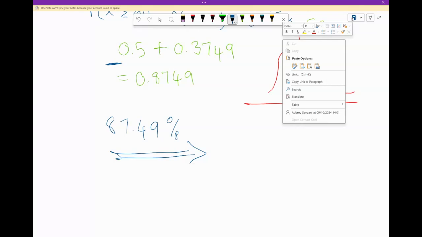So we then say there's an 87.49 probability that at least 20% want to buy a Porsche or are interested in buying a Porsche. Is it making sense? Okay. Can you see why I keep saying when you want to interpret, go back to the question? And then all you need to do is say, this is the probability of what is being asked in the question.